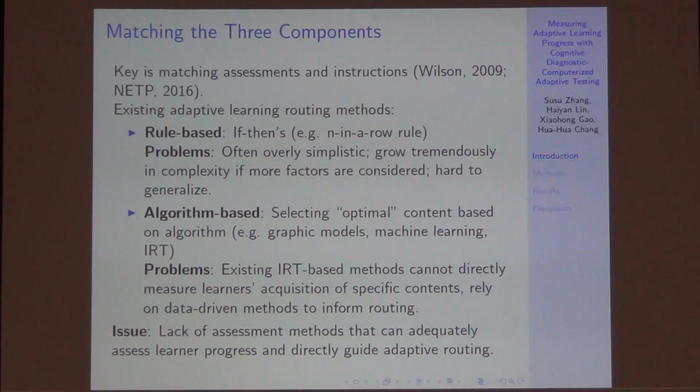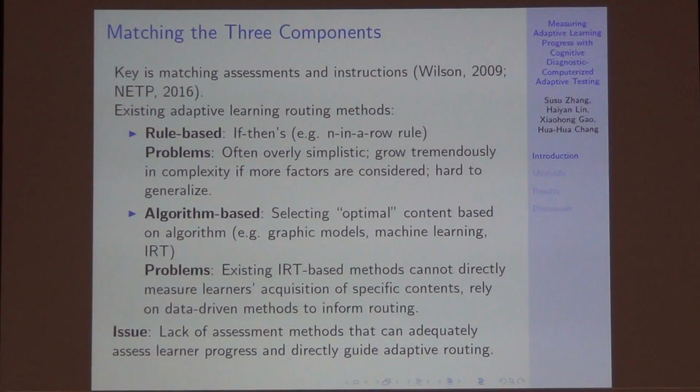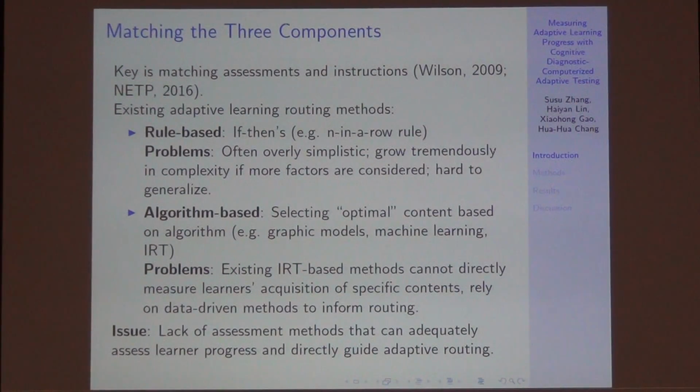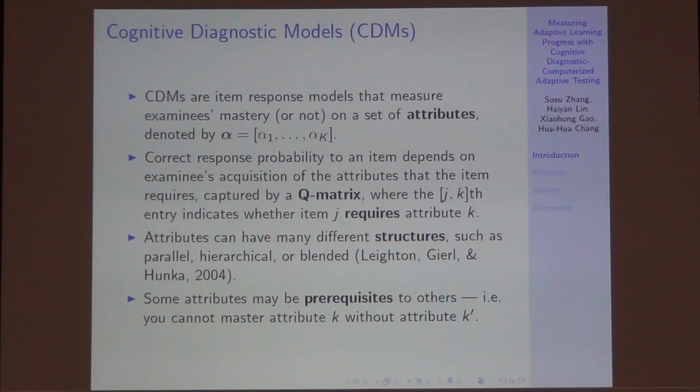A lot of the problems with the existing methods is that by using an IRT model, the assessment results cannot directly measure the learner's acquisition of specific contents, and a lot of times the routing relies heavily on data-driven methods to do the routing. So we can see that using the regular IRT models, there's a lack of assessment methods that can adequately assess the learner's progress and directly guide adaptive routing.